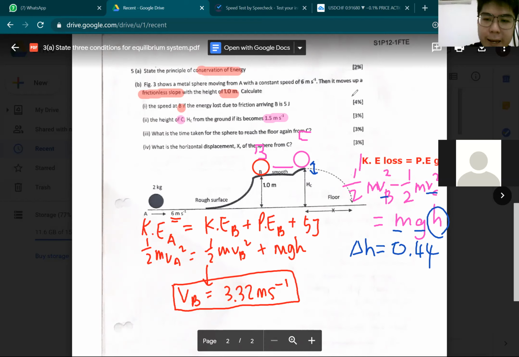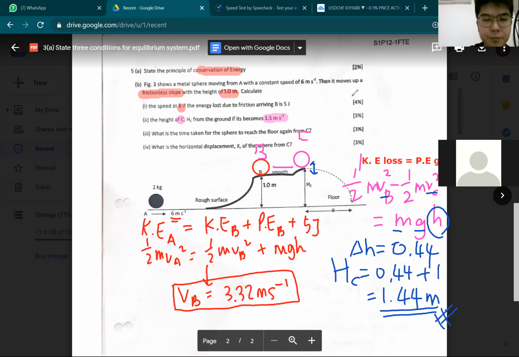To calculate HC, the height from the ground, you take 0.44 plus the 1 meter at point B. So 1.44 meters. That is the final answer.